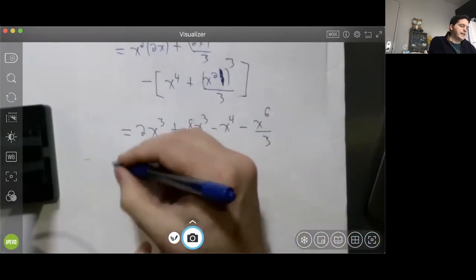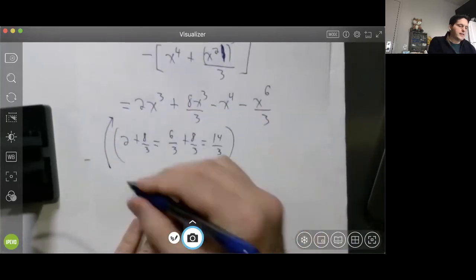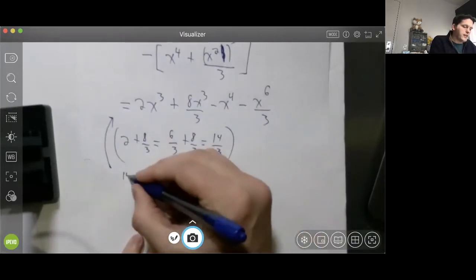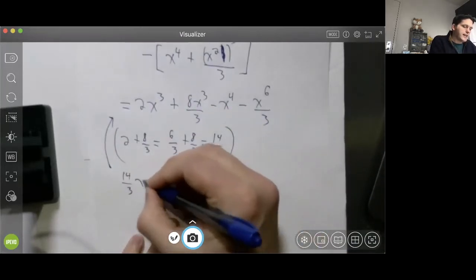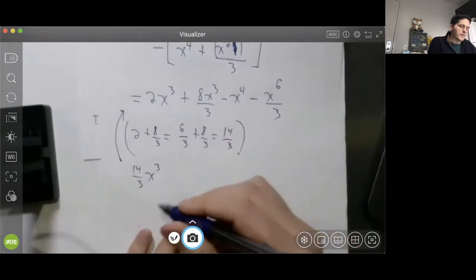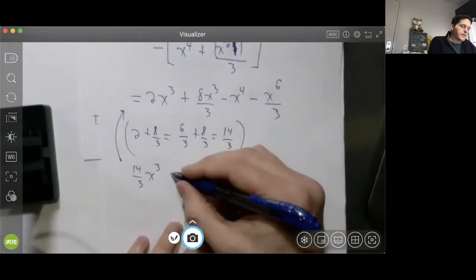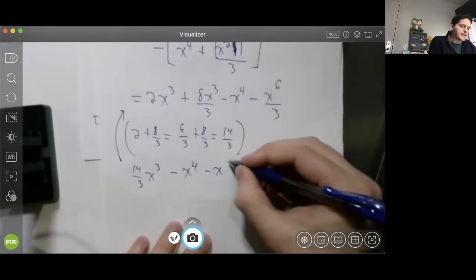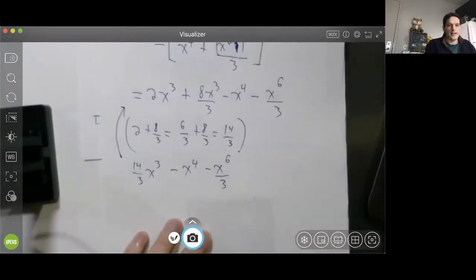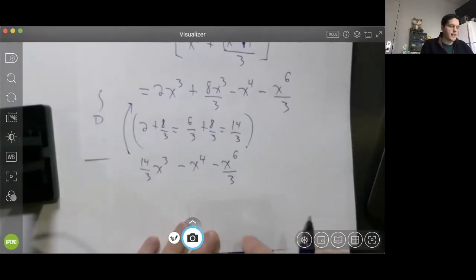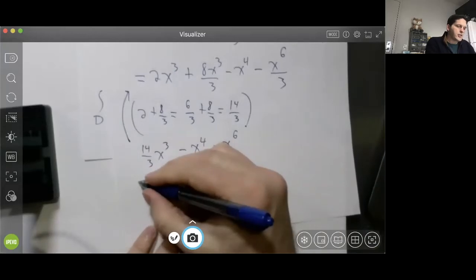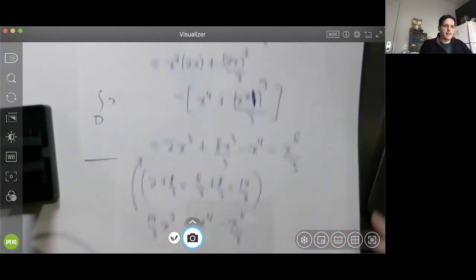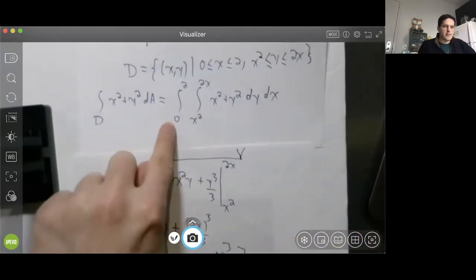So the inner integral reduces to 14 thirds x cubed minus x to the fourth minus x to the sixth over 3. That's the inside integral. Now we have to integrate this function from 0 to 2.